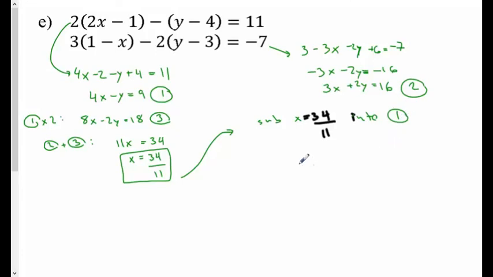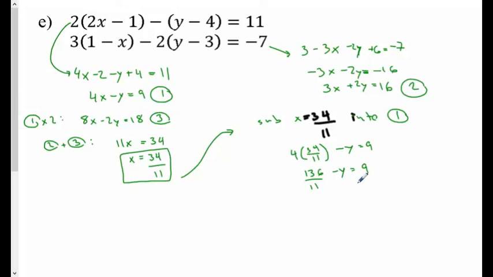So then I have 4 times 34 over 11 minus y equals 9. So that's 136 over 11 minus y equals 9. I need to make a common denominator.